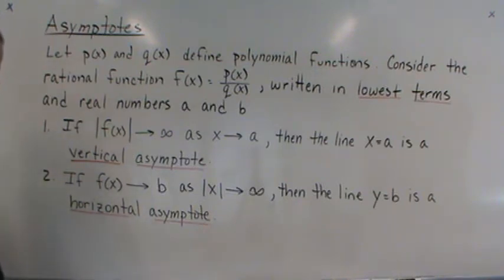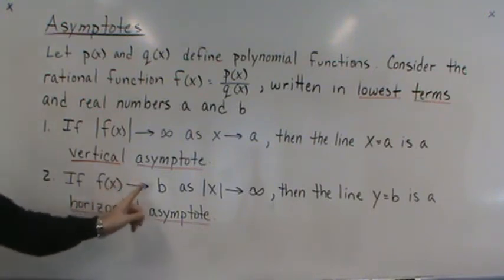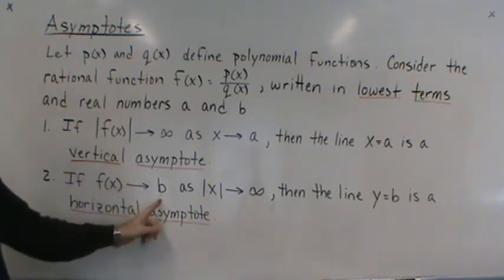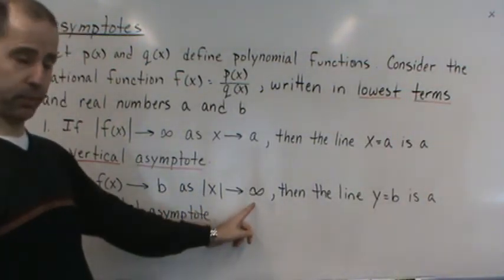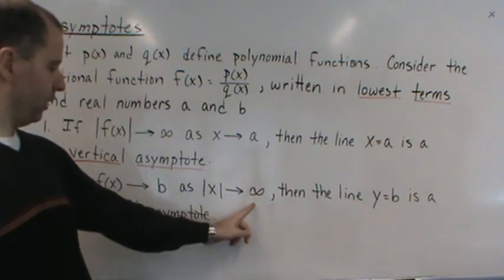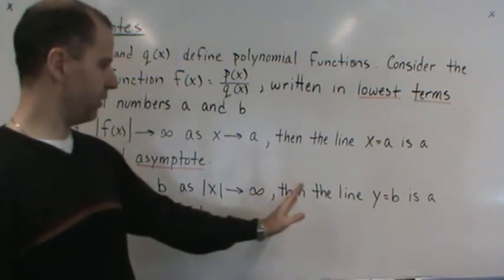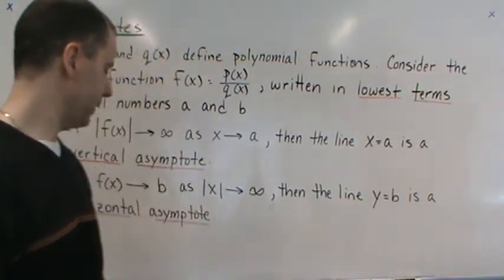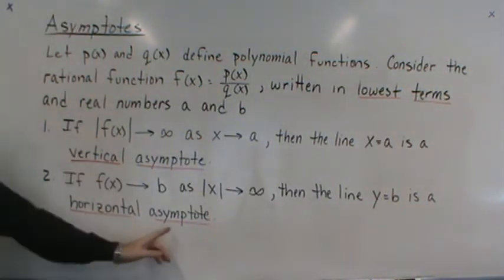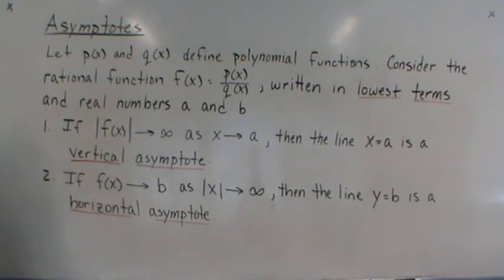Number two says if the function approaches a specific value b as x goes to plus or minus infinity, then the line y equals b is going to represent a horizontal asymptote. We've seen the same thing in the last couple of examples with the reciprocal functions.